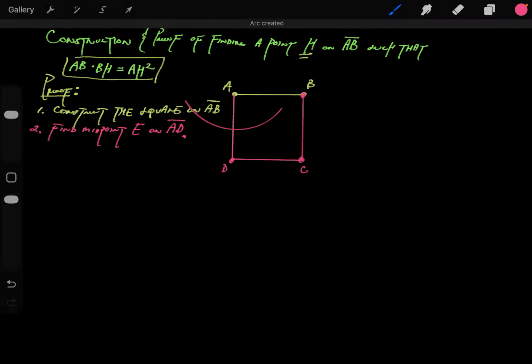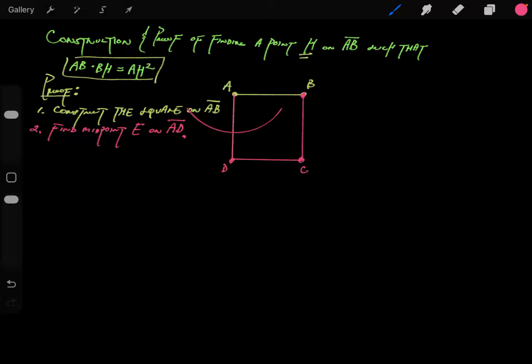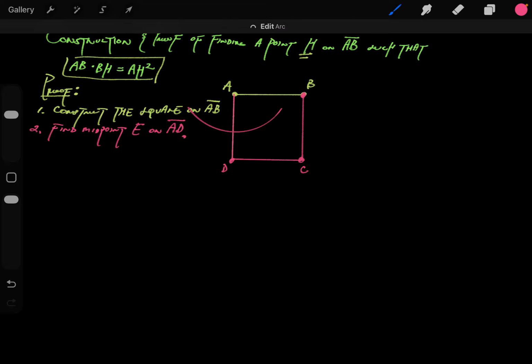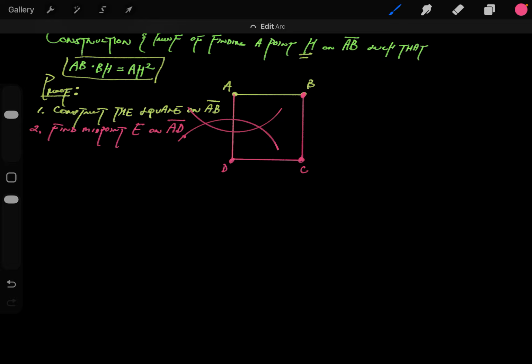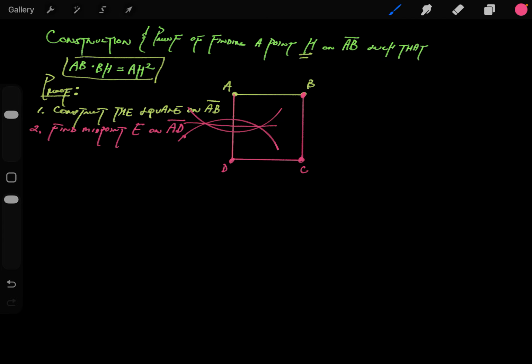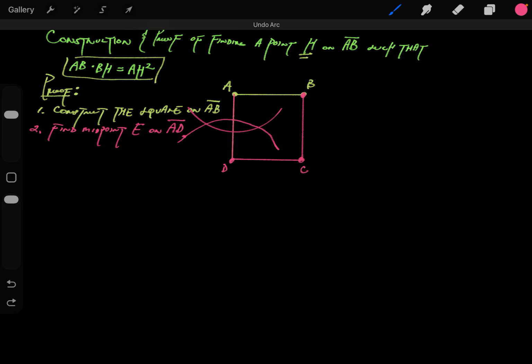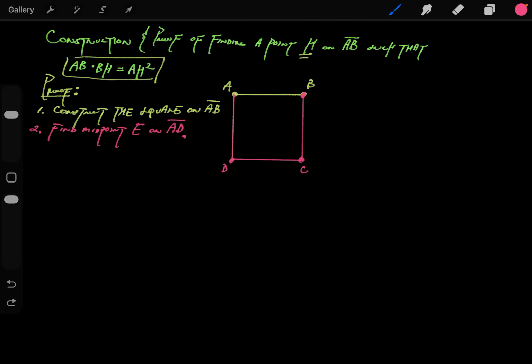Then we would draw a circle with center A, and with that same compass setting, draw another one like this. Then we draw the line, and where the line meets, that point is the midpoint. Now I'm going to erase these construction marks and just guess at where E is, but you would need to construct this.